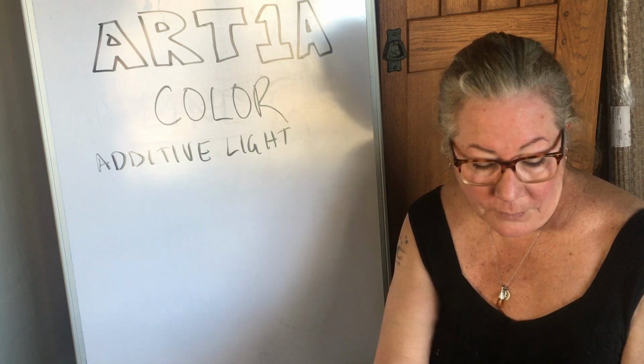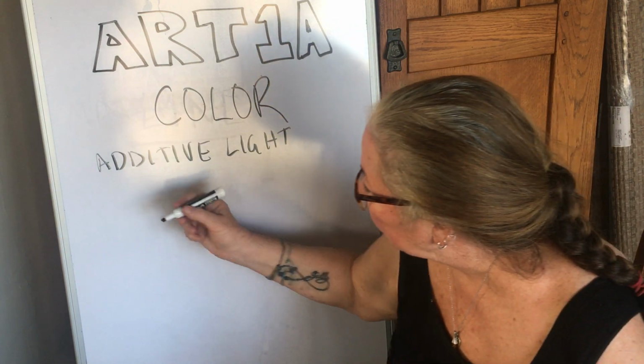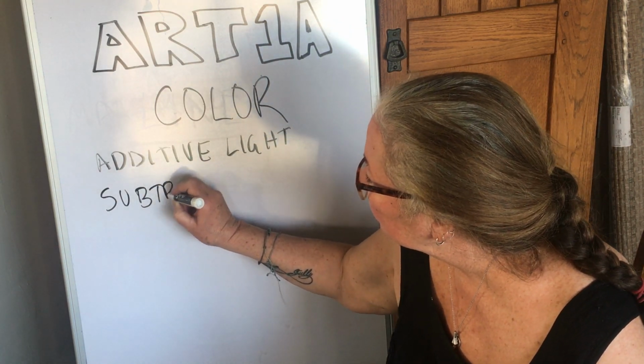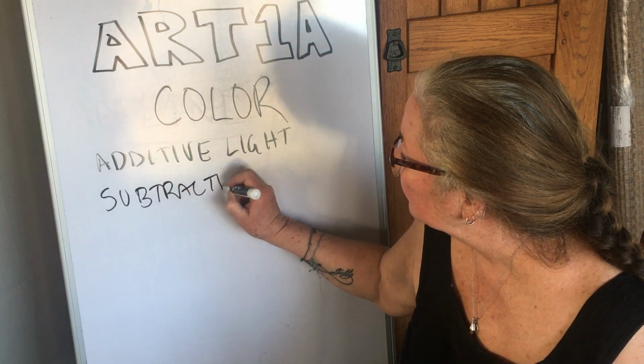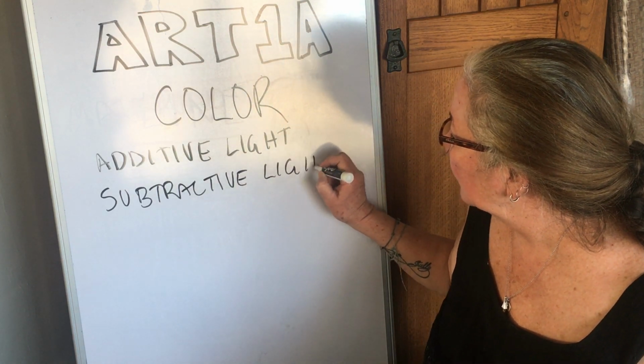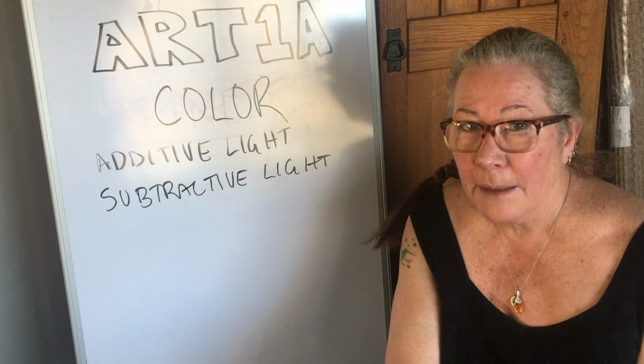Painter's light, right, when you're using paint, is called subtractive. And that's kind of important. It's an important piece of the vocabulary to know.